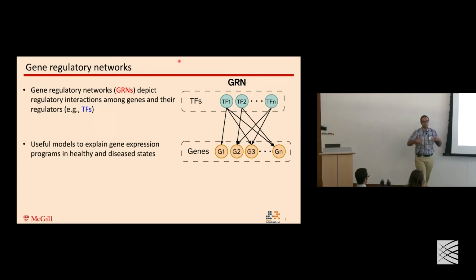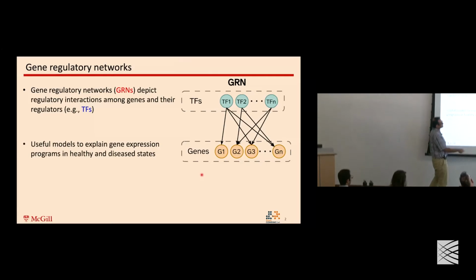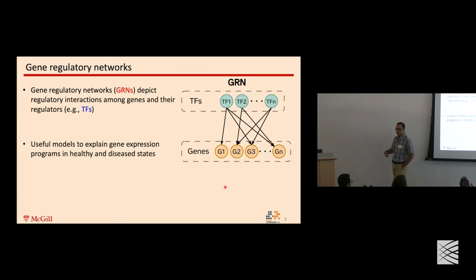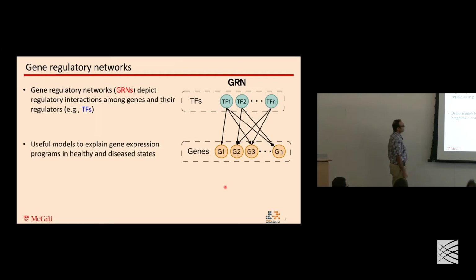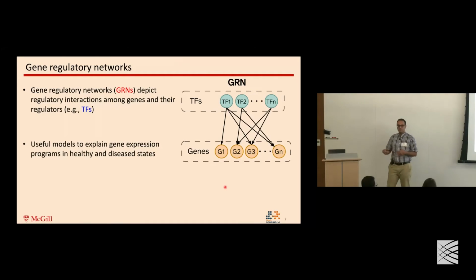But a first order approximation that a lot of times we can use is this bipartite graph that I'm showing here on the right, where we have transcription factors regulating genes. And this simple model has been shown to be useful in describing many different gene expression programs in different contexts.